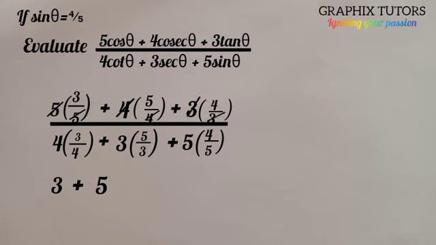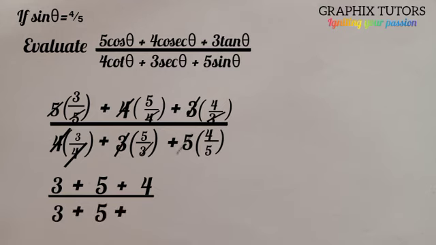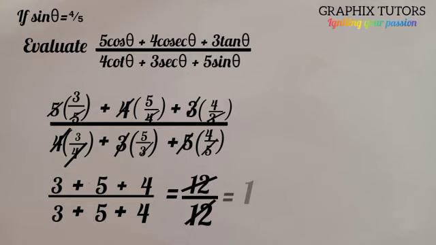All divided by 4 will equate 4 at the numerator, remaining 3. Then 3 will equate 3 at the numerator, remaining 5. Plus 5 will equate 5 at the numerator, remaining 4. When you add everything in the numerator, you have 12, and when you add everything in the denominator, you have 12. So 12 over 12, we're left with 1 over 1, and 1 over 1 is 1. So this is the answer to my question.